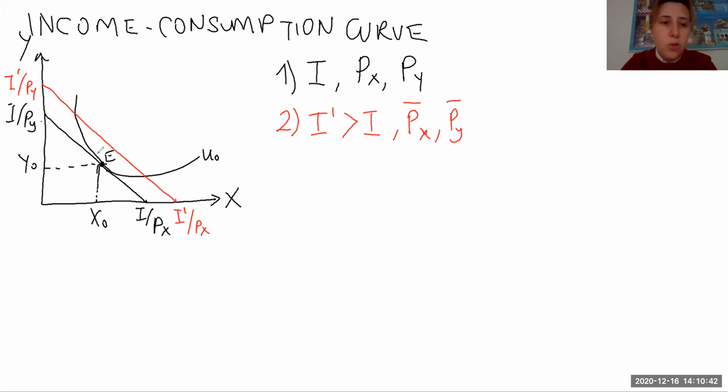The point E is not the choice of the consumer because the point is just below the new budget line, which means that the entire budget is not consumed at point E. So a higher utility level is possible for this consumer, let's say on the U1 indifference curve. The point F is the new equilibrium or choice of the consumer, which means that now x1 units of x and y1 units of y will be consumed to maximize the utility.